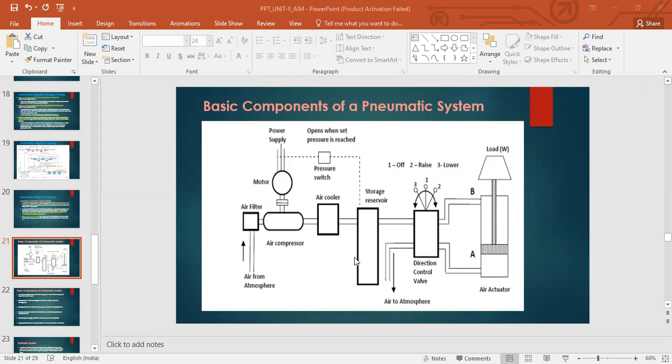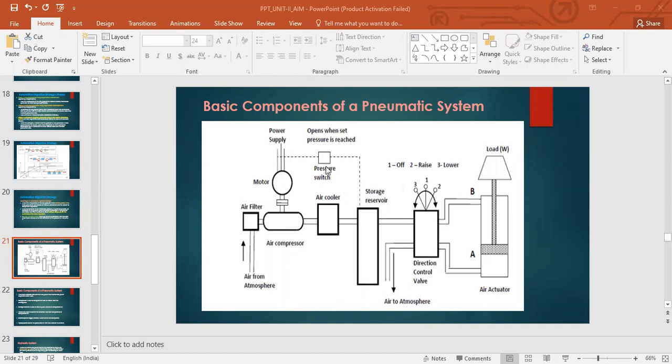This storage reservoir, as the name suggests, will store the compressed air for it to be supplied later. And this storage reservoir, as you can see, is connected to a pressure switch. So this pressure switch opens when the set pressure is reached. Because for the motor to know when to stop or when to start, there has to be a coordination, right?